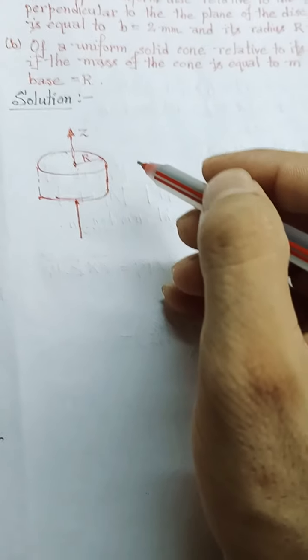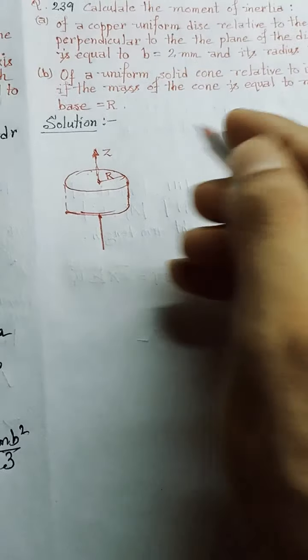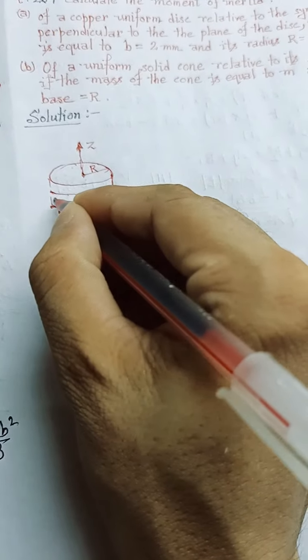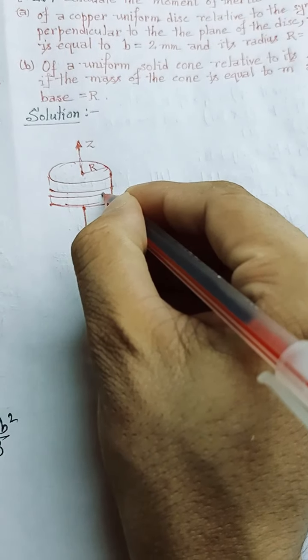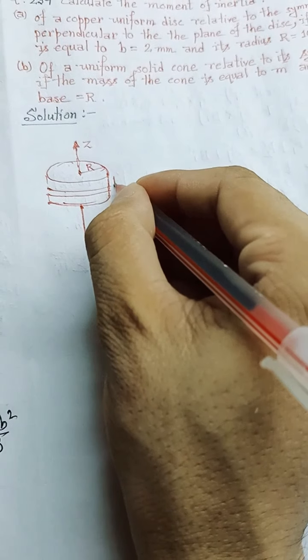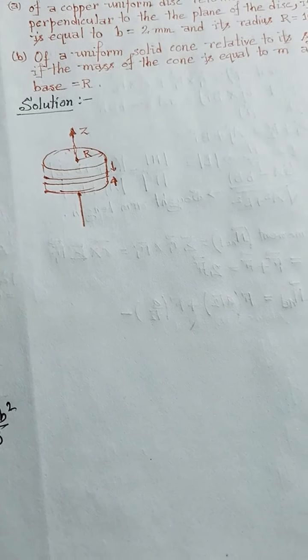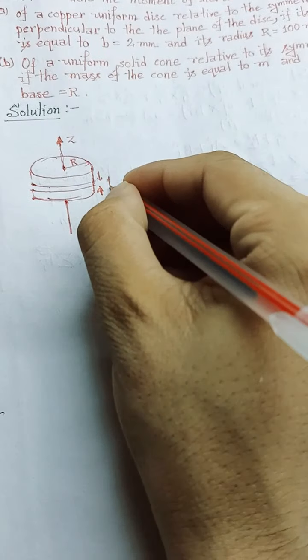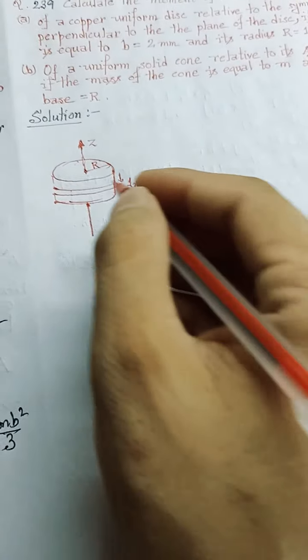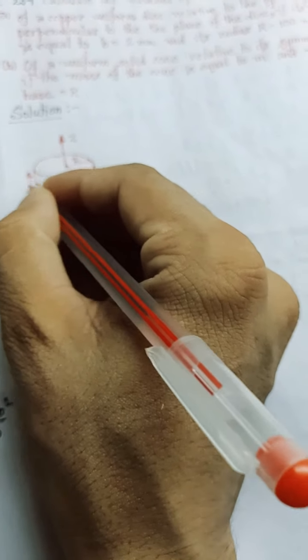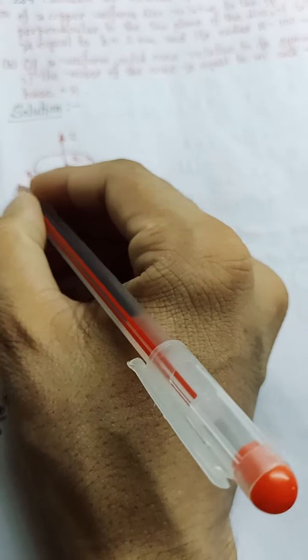Let's take a small element of thickness dx, and the total thickness of the disc is b.